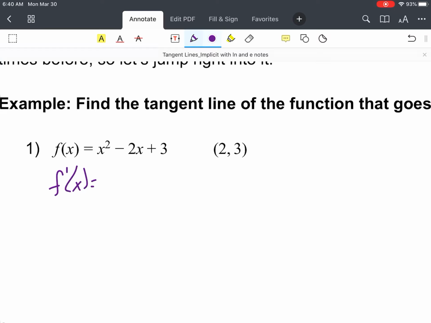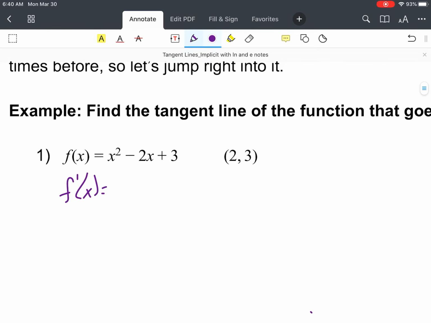So f prime of x is 2x minus 2. All right. So there's my derivative. So if I want to find the slope of a tangent line, I need a derivative, and then I've got to plug in my x value of 2.